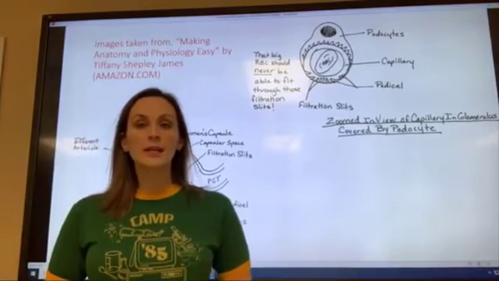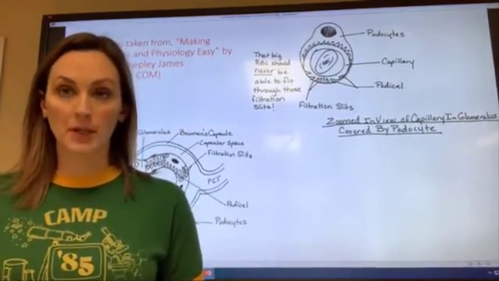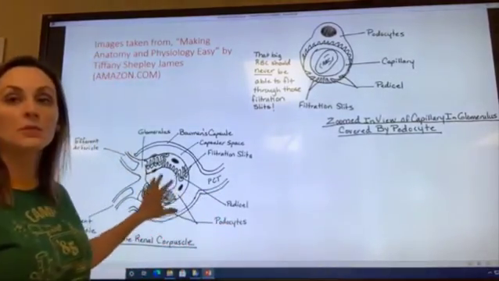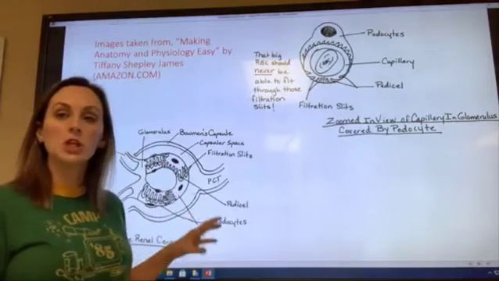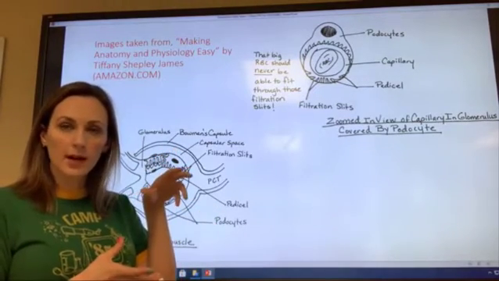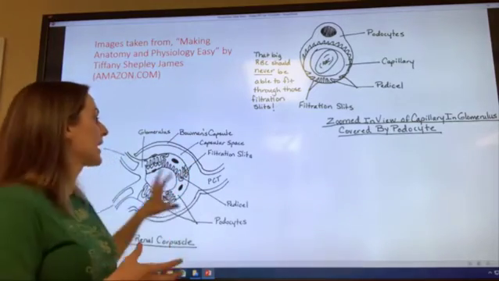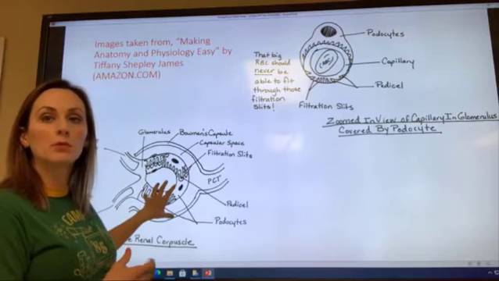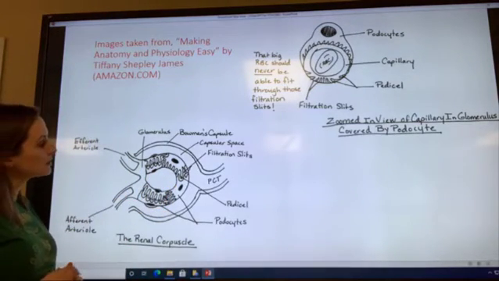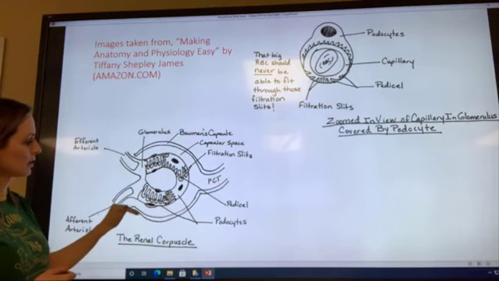Okay, so in this next image we're going to look at, we are focusing solely on the renal corpuscle. What you can see behind me here is actually a zoomed in view of just the renal corpuscle. So I took that fishbowl that was on its side we talked about, and the knot of capillaries, the glomerulus, and blew that up and put it right here. Looking at the renal corpuscle up close, we can see our little fishbowl, our Bowman's capsule here and here.